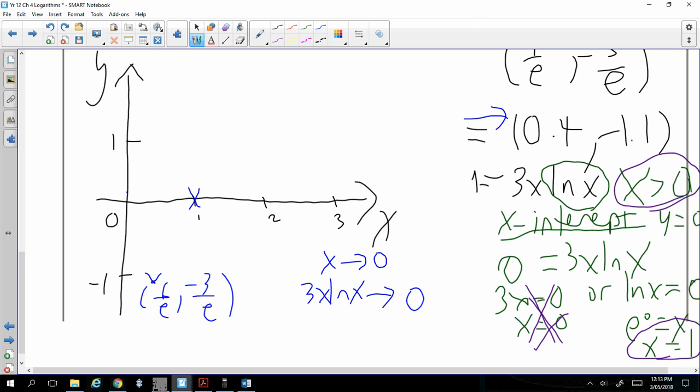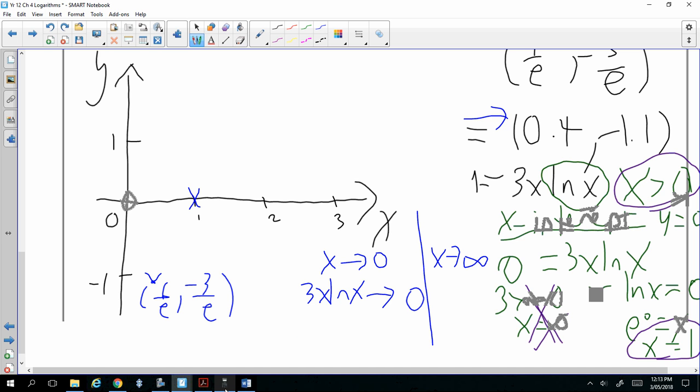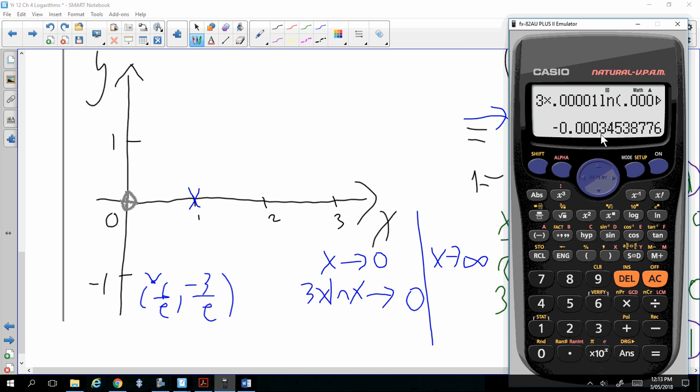You also look at the behavior when x goes to infinity. See if there's any horizontal asymptote. We can check this by substituting a very large value. So you do 3 times 10 times ln 10. It gets bigger. And if I put more, it gets bigger, right? So there's no horizontal asymptote, it just goes to infinity.